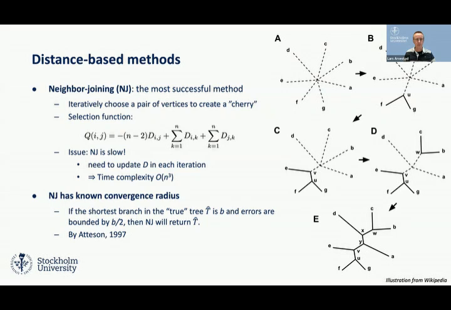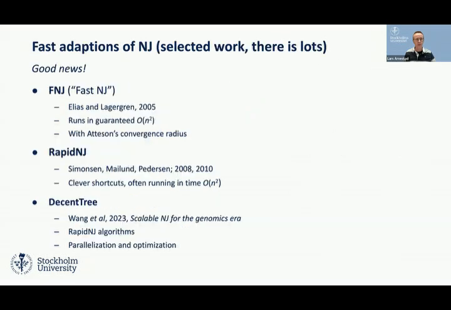So this problem of neighbor joining being slow is really the main problem. Now the good news is that there are speedups available. My colleague Jens Lagergren came up with a method he called fast neighbor joining, and this method is inspired by the proof of Atteson's convergence radius.